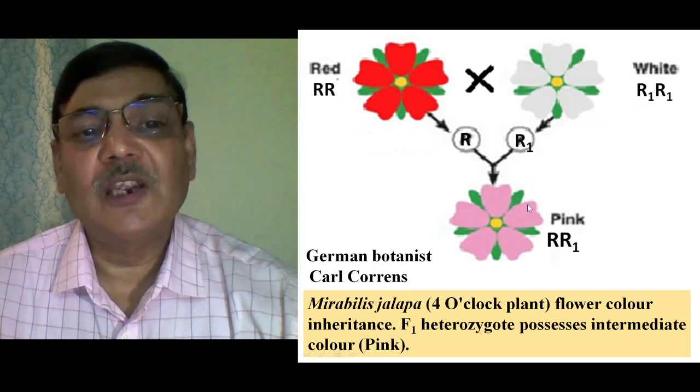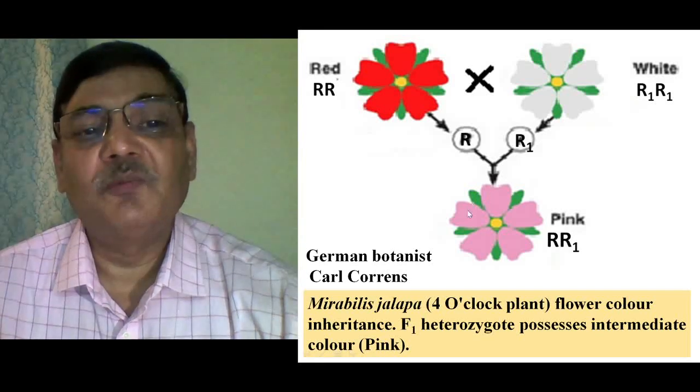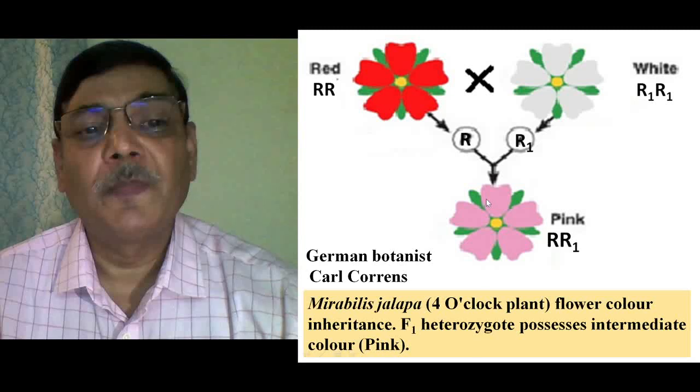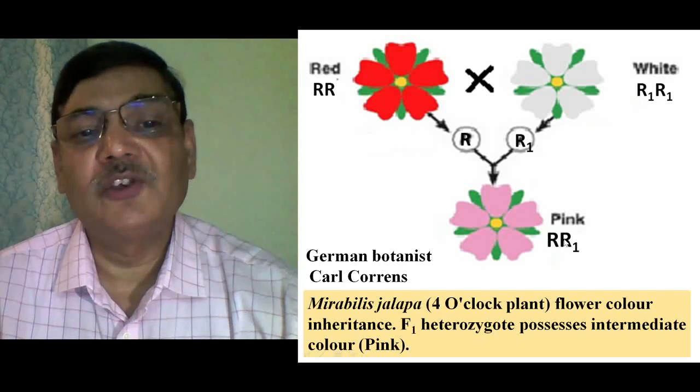And that is why this kind of inheritance is called incomplete dominance, because neither red is getting expressed nor white is getting expressed, so it is incomplete dominance, which is also called partial dominance by some people. So in the next generation, means in F1 generation or in heterozygous one, you find the pink flower, and it will always be because of a heterozygous genotype, that is R and R1.